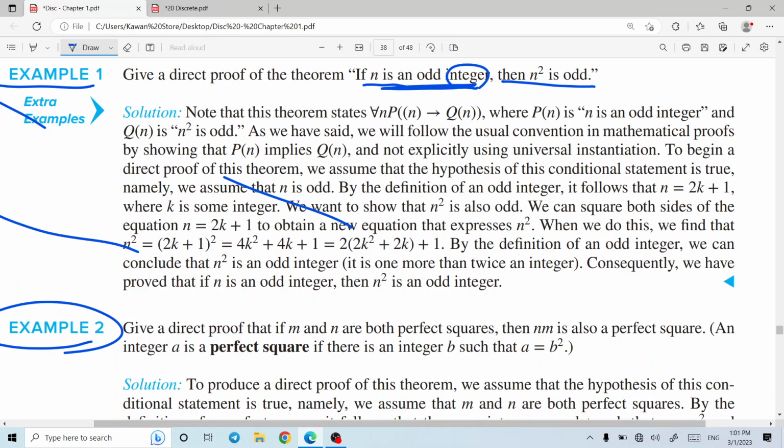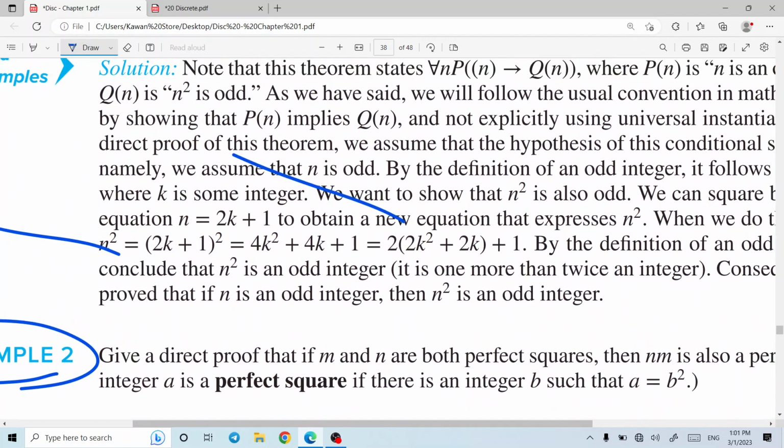During an exam or quiz, if I don't specify, you are free, but your steps should be logical. Otherwise, when we specify direct proof, you need to follow the direct proof. Clear? Good.